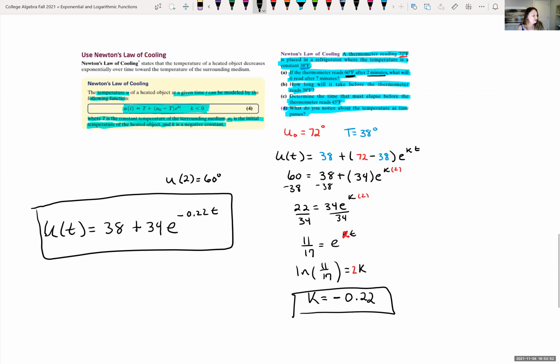Okay, so if I gave you a question with Newton's law of cooling again on the exam, I would give you that formula and you would need to know how to apply it.